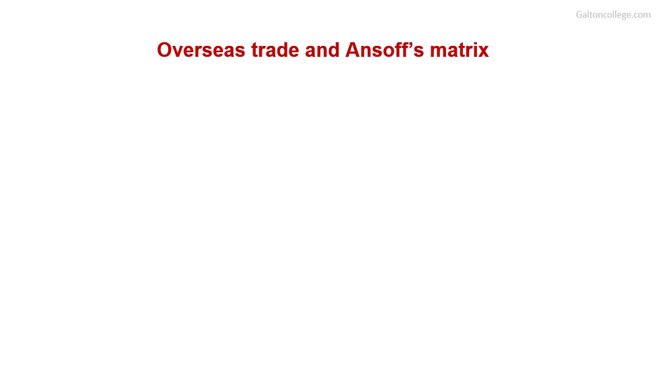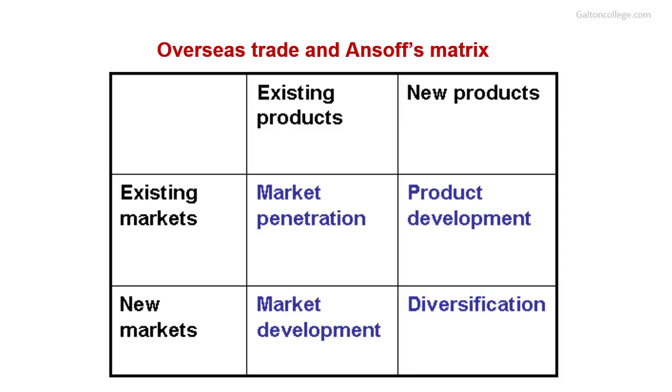Now, we can start analysing this using the Ansoff matrix. It's an easy way to get into the material. If you remember from marketing, the Ansoff matrix was something of this nature. We just need to fill out inside the squares under the heading existing products, new products, and alongside existing markets and new markets.